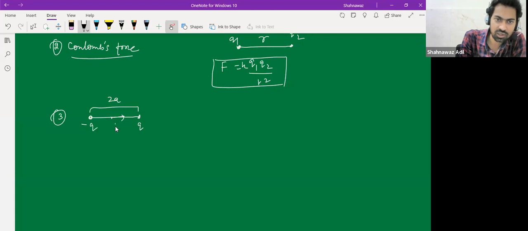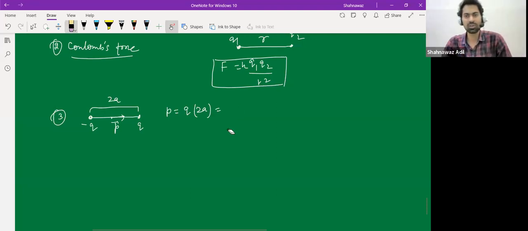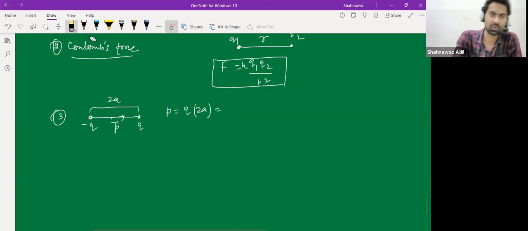This is the dipole moment, and its magnitude is the magnitude of charge times the separation, so 2qa. These are the preliminaries for the electric field of a dipole at the axial point and the equatorial point.